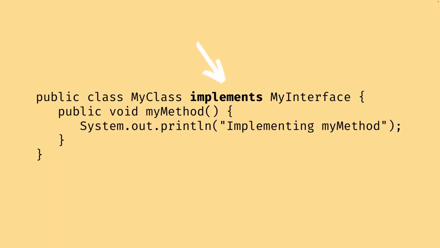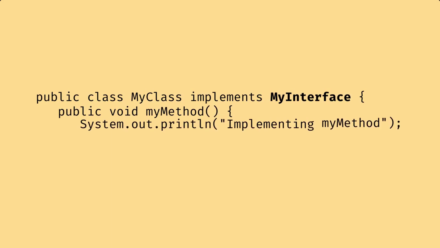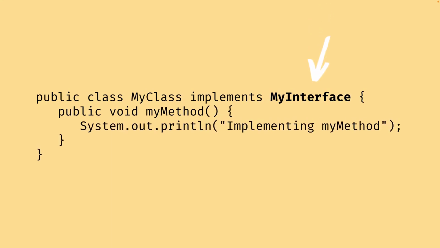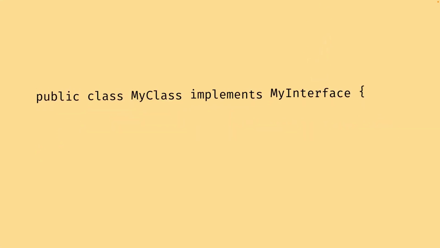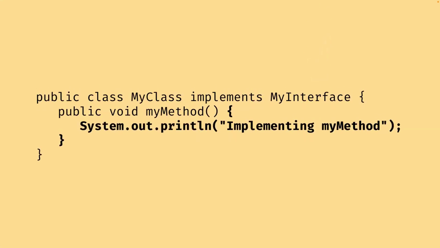When a class implements an interface, it does this using the implements keyword, followed by the name of the interface, in this case, my interface. The class must provide an implementation for all the methods in the interface.